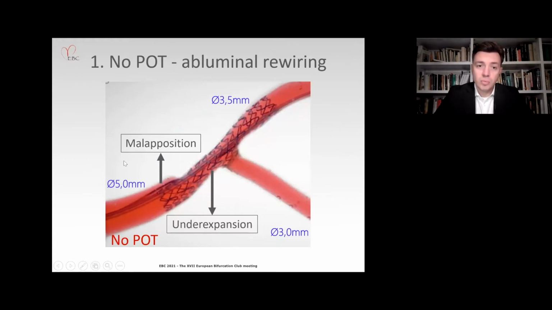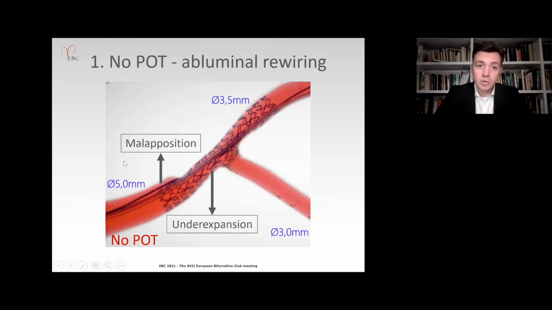If you do not perform POT at all, what is naturally going to be happening, and you see it here on the bench, and thank you to Dr. Lefebvre for performing meticulously this bench testing, what you namely see is that you can rewire abluminally. So you basically go behind the struts and you proceed then into the stent lumen without noticing this on most occasions on the angiography.